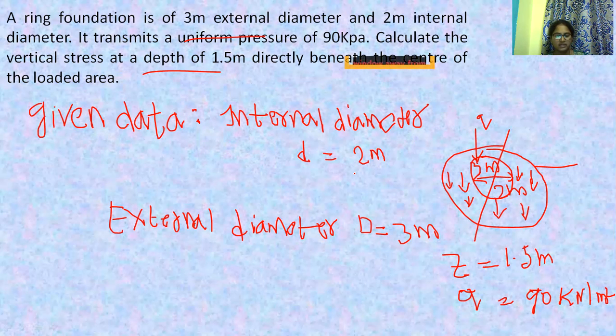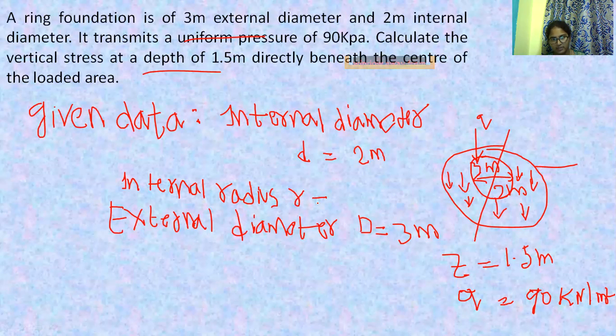Yes, we have to convert. The internal radius, indicated by small r, is equal to small d by 2, that is 2 by 2, which is equal to 1 meter.